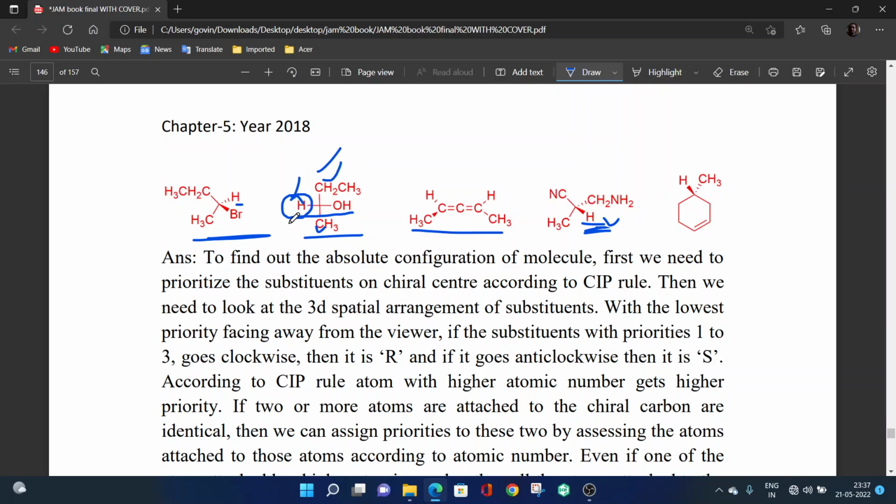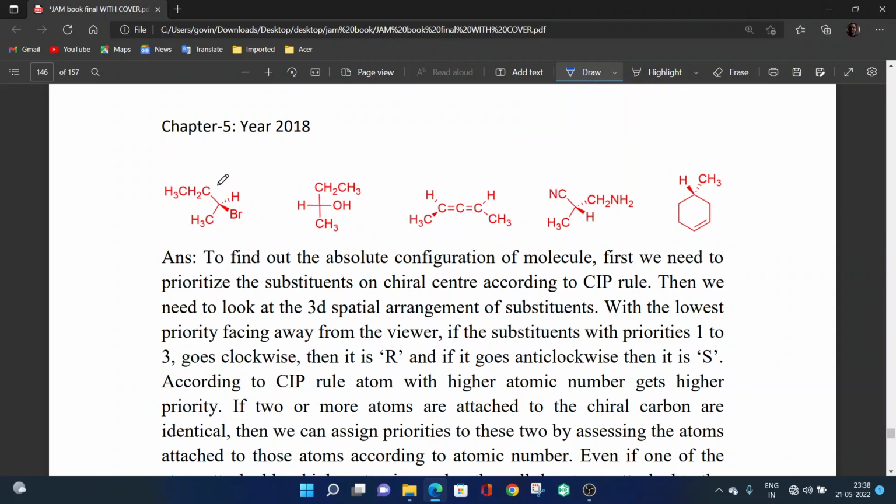But here it is towards the viewer, and you are the viewer. So what we do is prioritize the substituents, and after prioritizing them, we look at the spatial arrangement of the first 3 substituents, 1, 2 and 3. If the first 3 are arranged in a clockwise direction, then it is R. If arranged anti-clockwise, then it is S. But with the rule that the lowest priority is away from the viewer.